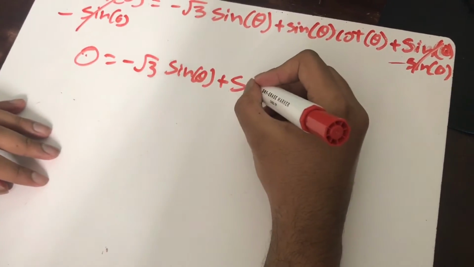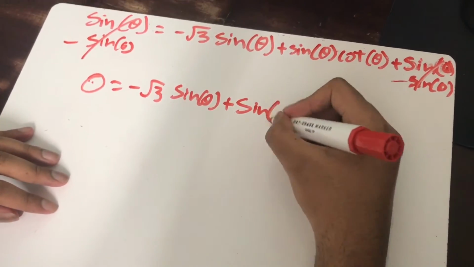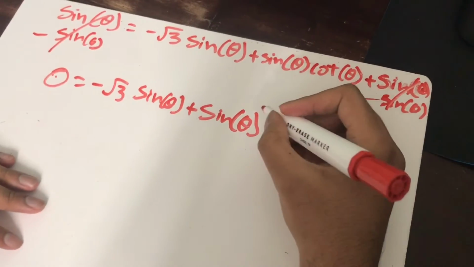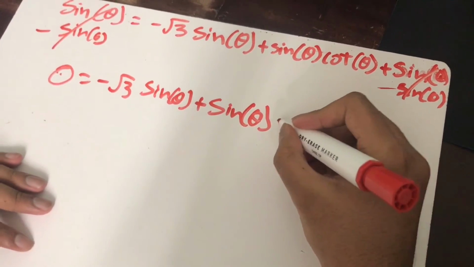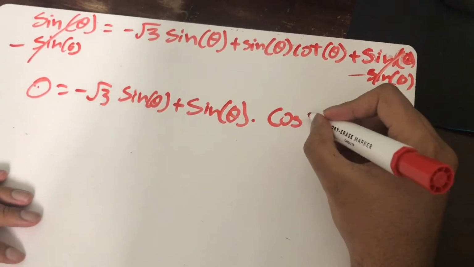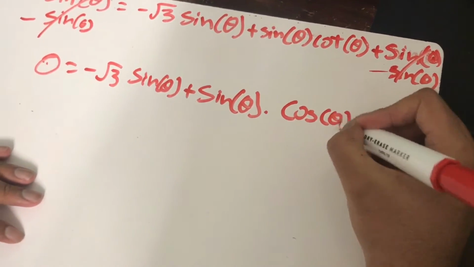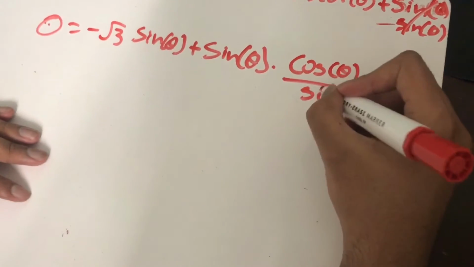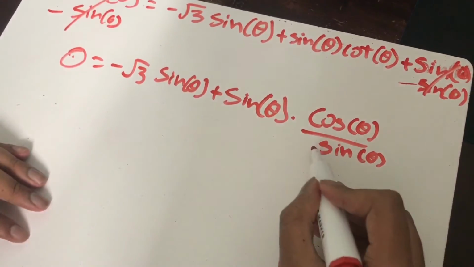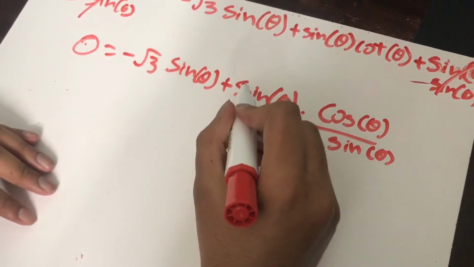plus sine of theta, and then instead of cotangent, we're going to write cosine theta over sine of theta, and then divided by sine of theta. There's sine of theta over here and over here, so we can just strike them out.